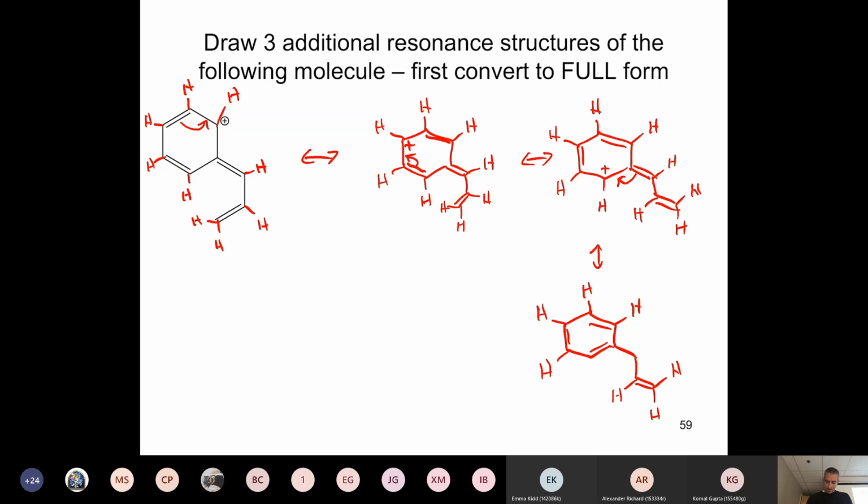Okay, so that means there's now a double bond here, and the charge goes over there. And all this question asks for is 3 additional structures, so we're done, but we can do it again. One more time. We can take this double bond and move it over there.